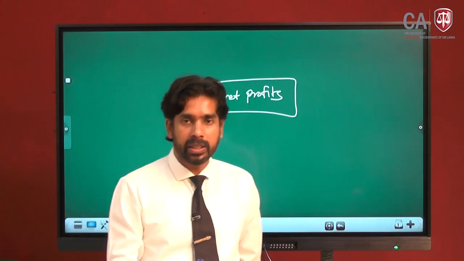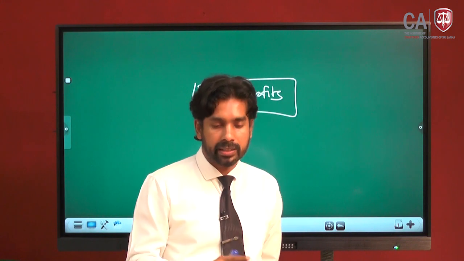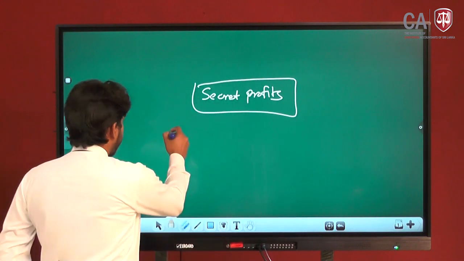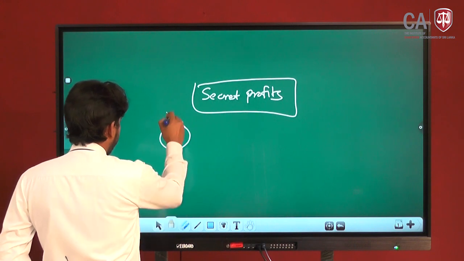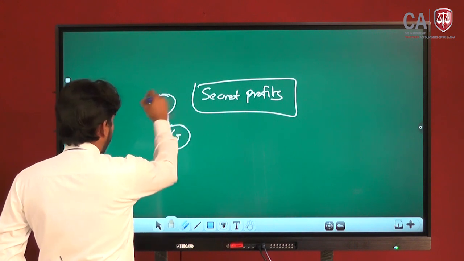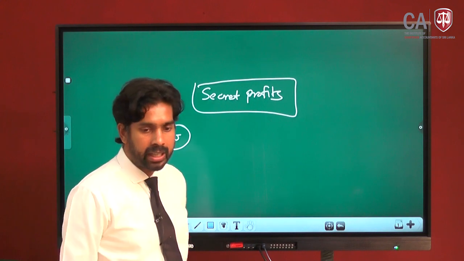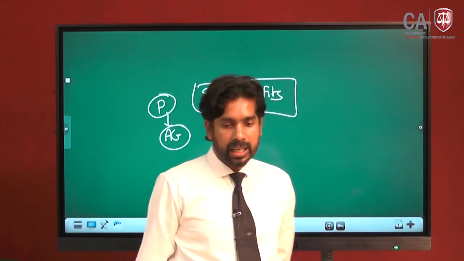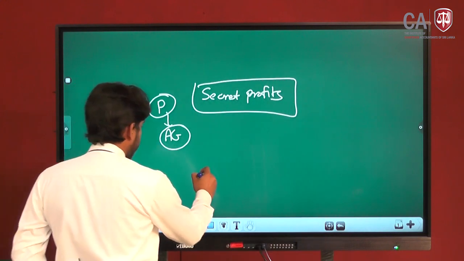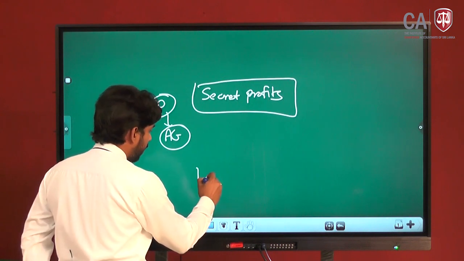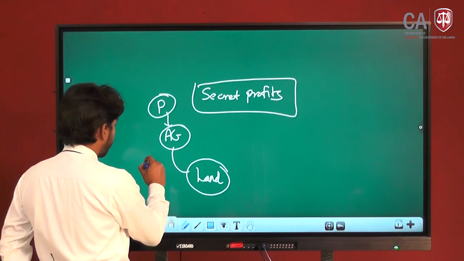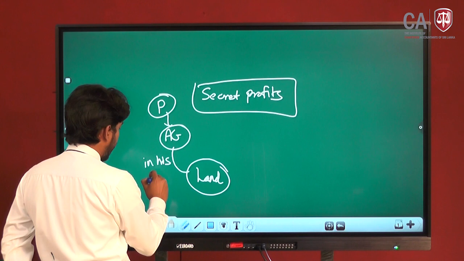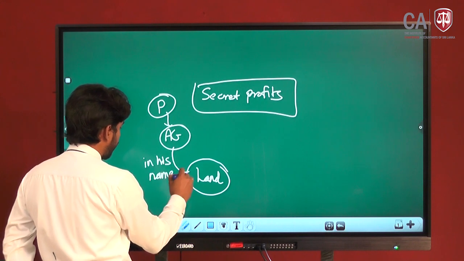Now, in this particular question, what has happened? AG, that is the name of the promoter, has purchased a land in his name.